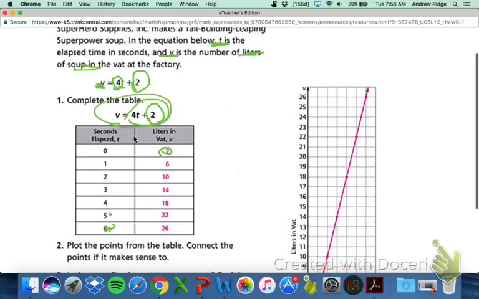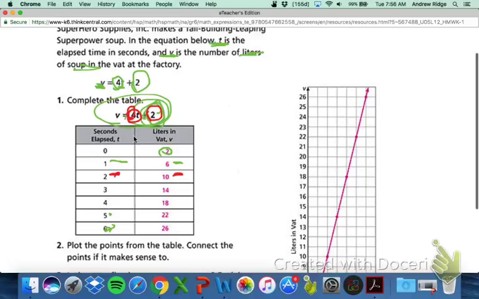Okay, so you've got 1 here, and if you multiply 1 times 4, that's 4. You add the 2, you get 6, right? Then you have the 2, right? You take the 2 times the 4, add the 2, you get 10, right?